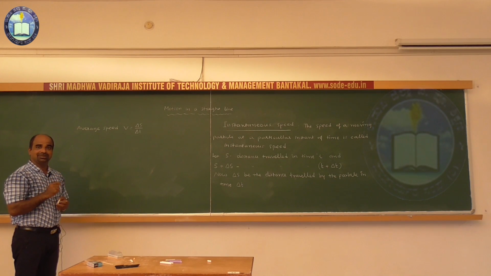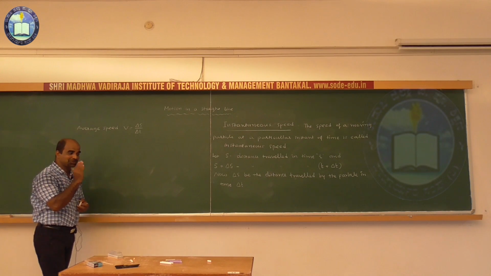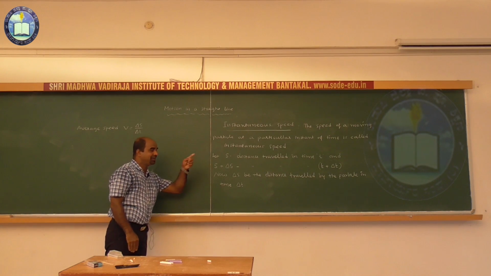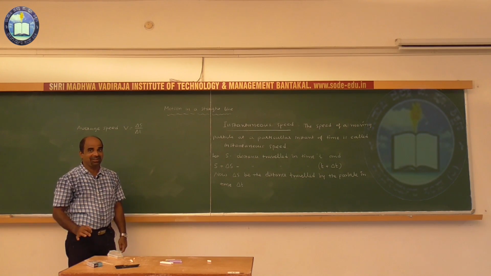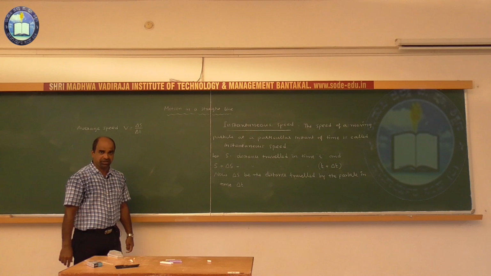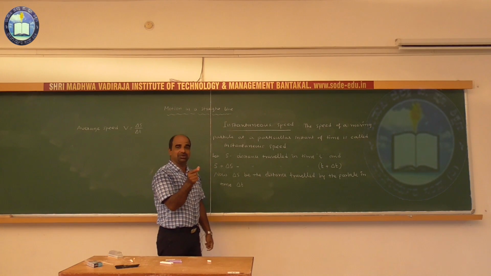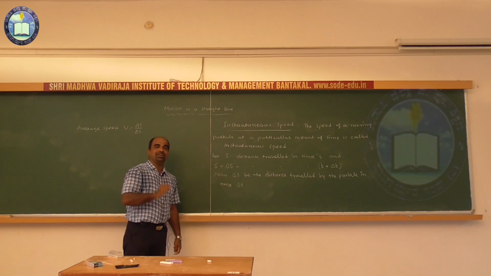You know students, why does delta S approach 0, and why does delta t approach 0? I told you already, delta refers to a very small change. Delta t means a very small interval of time.